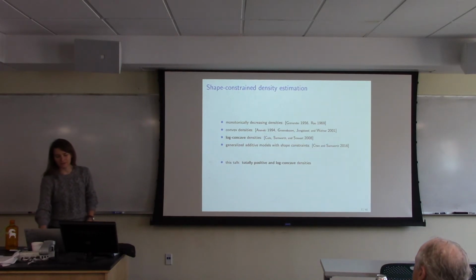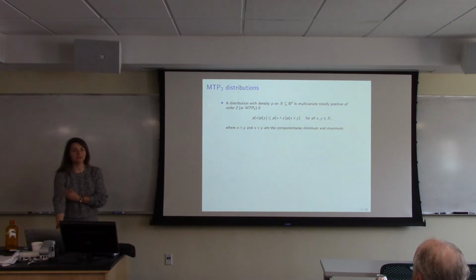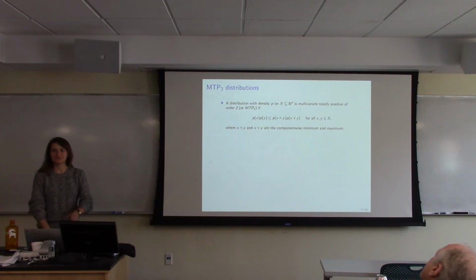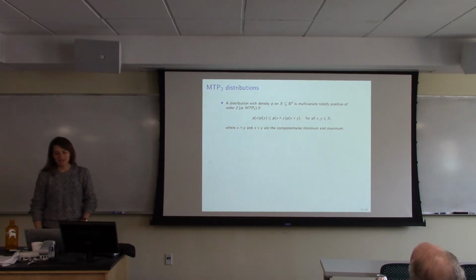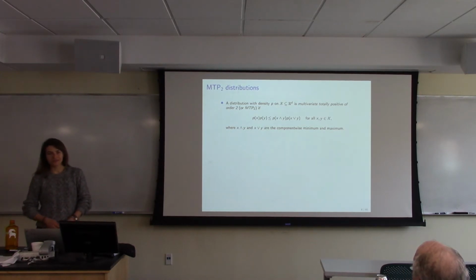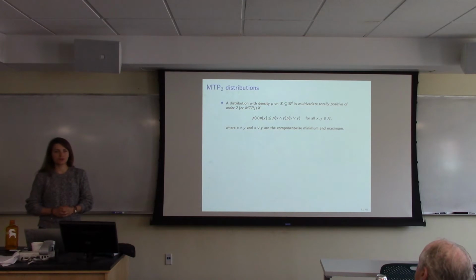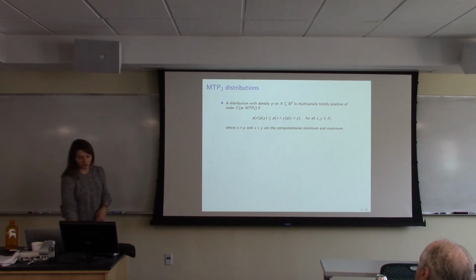Right, so now I'll tell you what I mean by total positivity. So, in fact, by totally positive, I mean multivariate totally positive of order 2. It's quite complicated, and that's why we just say totally positive in the title. So, a distribution with density p on a subset of R^d is multivariate totally positive of order 2, or for short MTP2, if the following inequality holds.